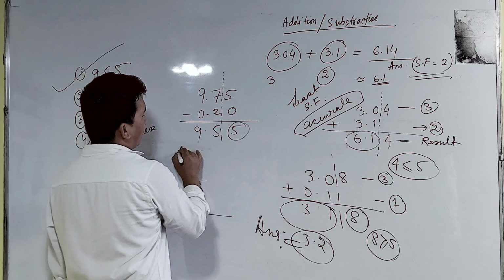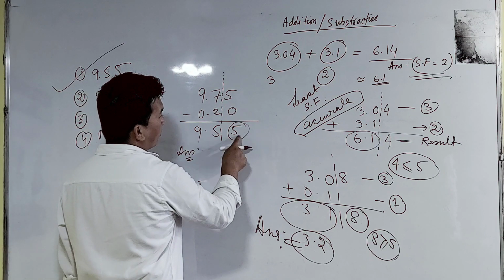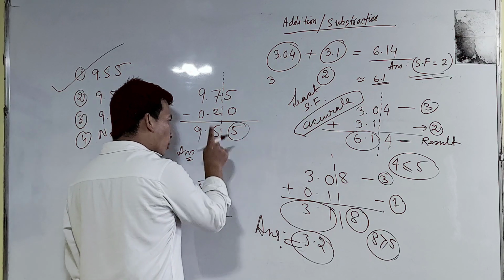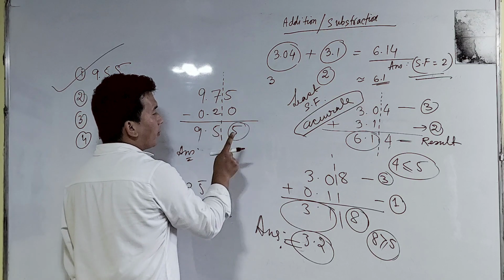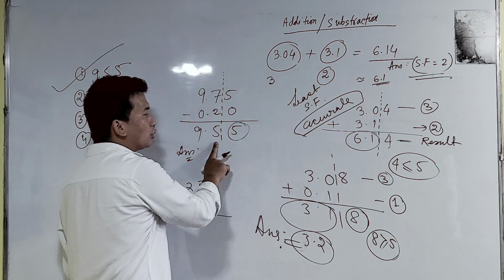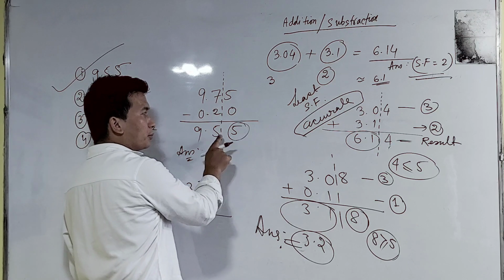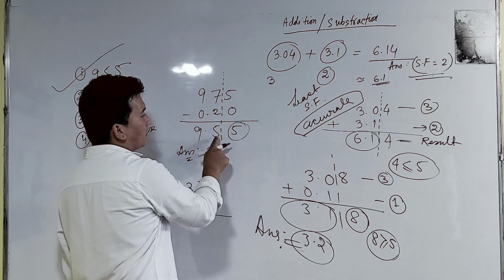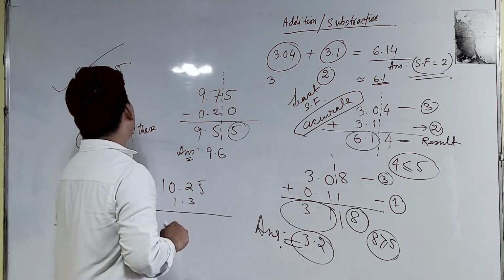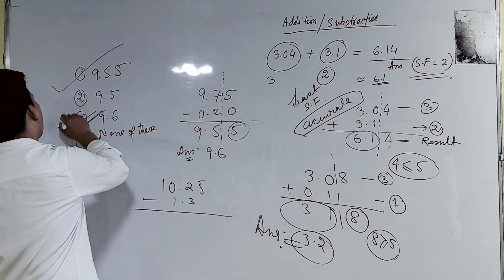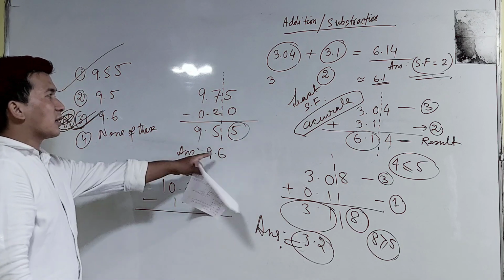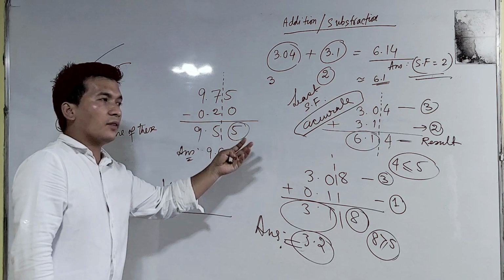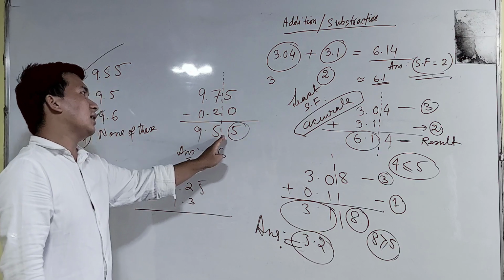Since our leftover digit is equal to 5, we are going to add 1 to the preceding digit. If 1 is added to 5 it will be 6, so 9.6 will be our correct answer. Is that understood or not? If it is equal to 5 or greater than 5, we have to add 1 to the preceding digit.